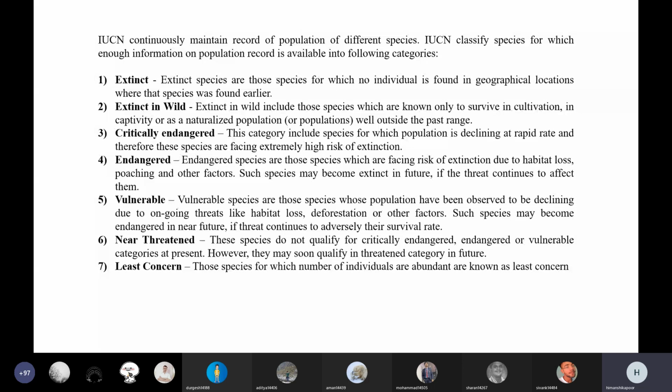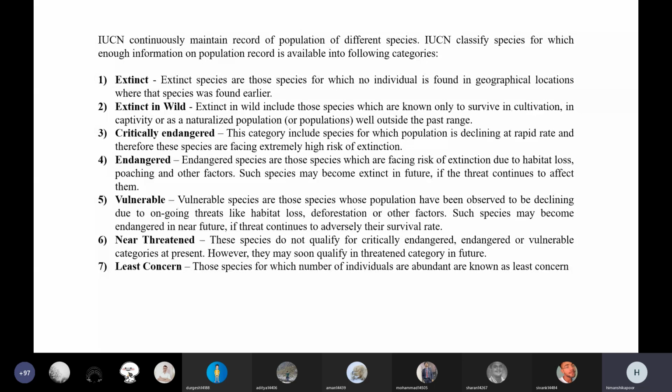So extinct in the wild is actually the extinction of the wild form of that species. तो cultivation में तो present है, but wild form में it has already got extinct. So the species is present in captivity or as a naturalized population well outside the past range. So it is not growing as wild. So wild variety extinct हो गई, so it is extinct in the wild.